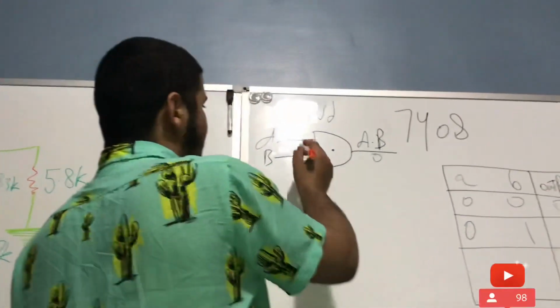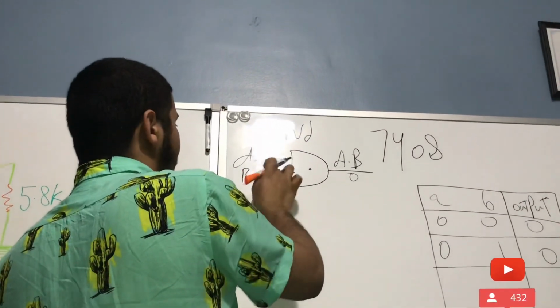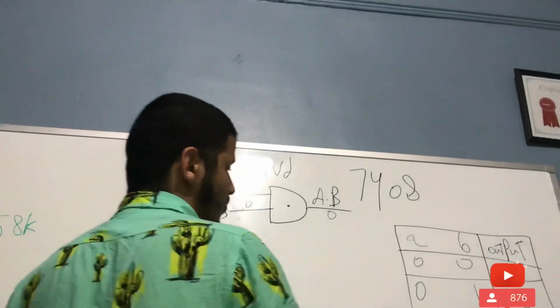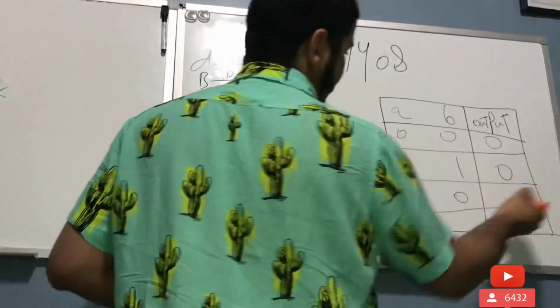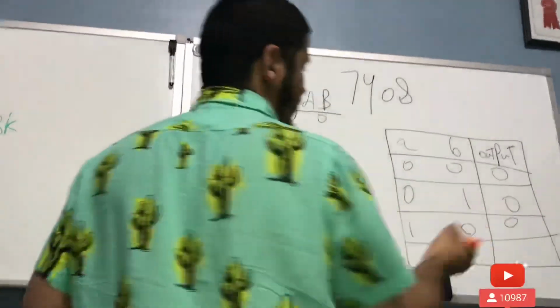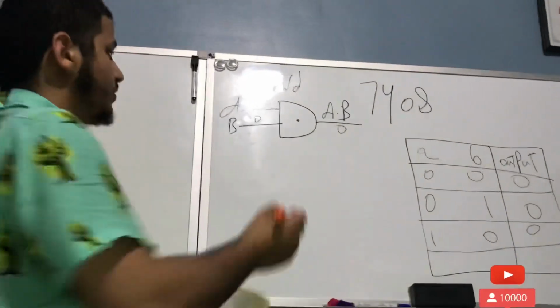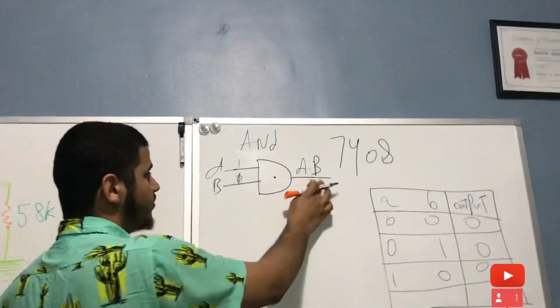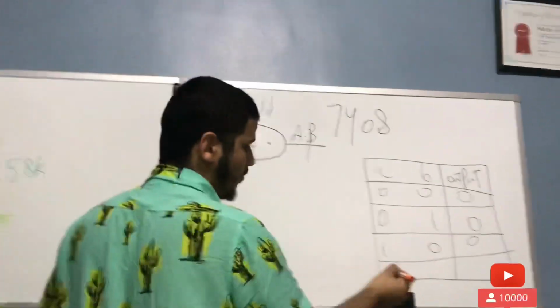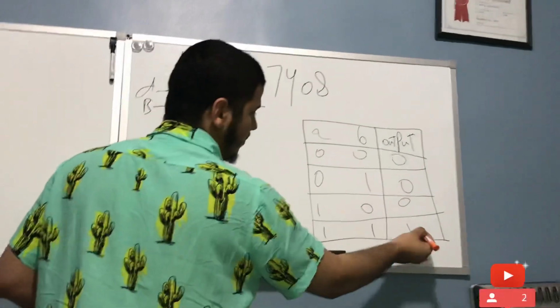For example, if we put 1 0 in here, as I told you, the output will be 0. If we put 1 and 1 here, the output will be 1.